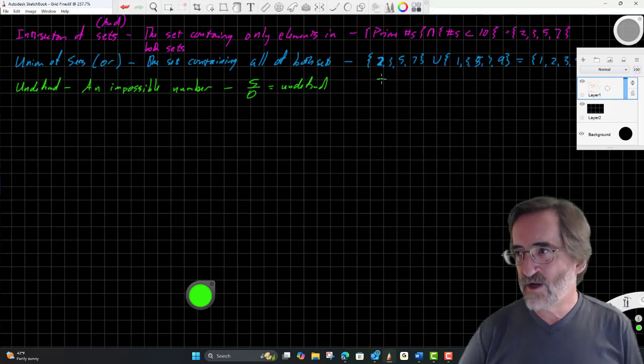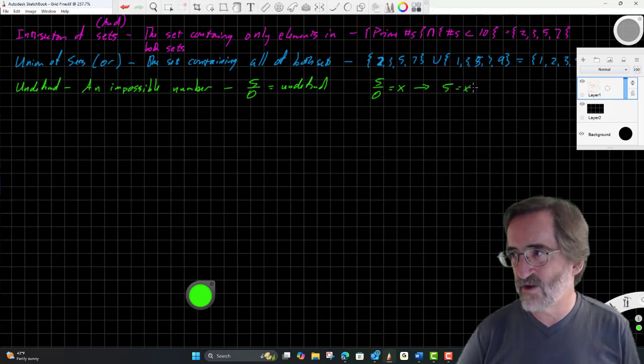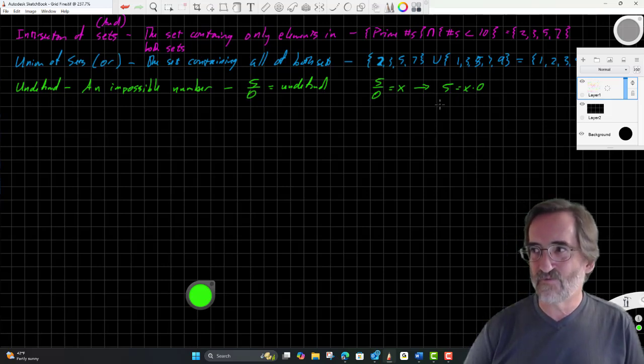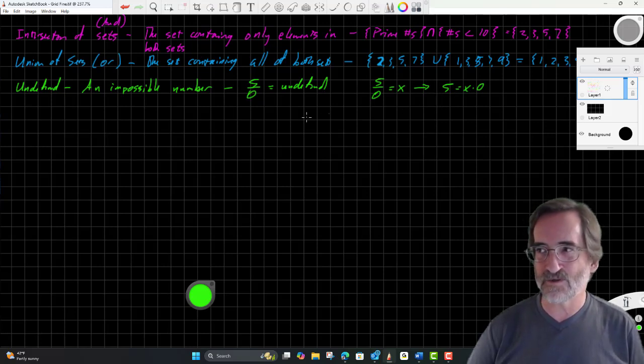It's undefined because if we had the equation 5 divided by 0 equals x, that would be the equivalent of saying 5 equals x times 0. There is no number that you can multiply by 0 to get 5. Not even infinity. Infinity times 0 is still 0, not 5. So it is undefined.